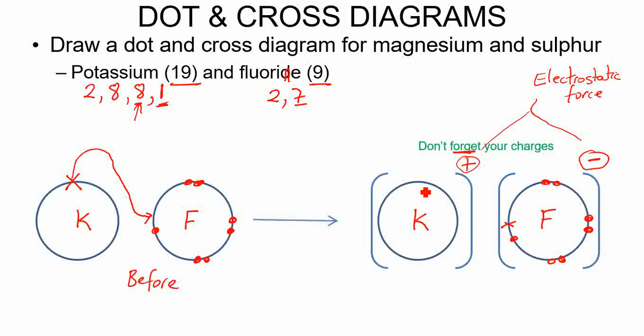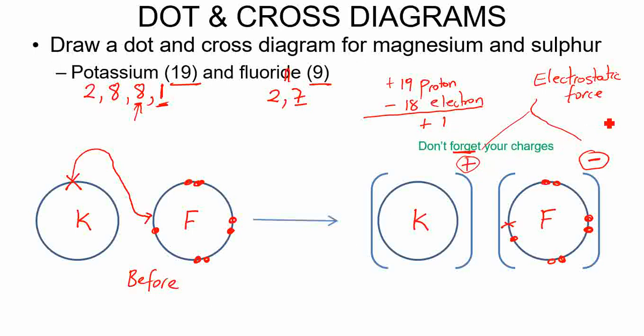So just to be very clear, okay, potassium started off with 19 protons, but now it has 18 electrons. So therefore it's minus 18 and a positive 19, which gives it an overall charge of plus 1. That's why potassium is positive 1.